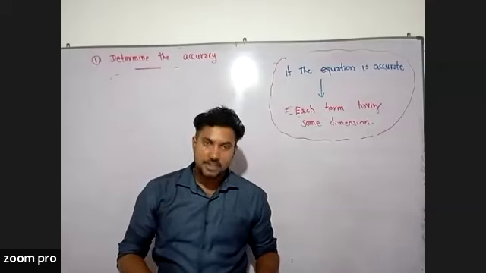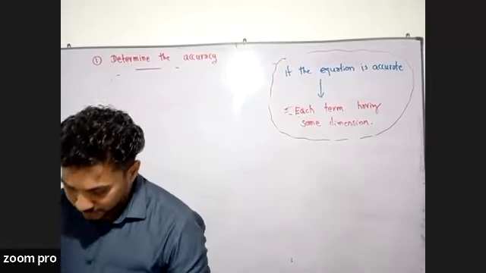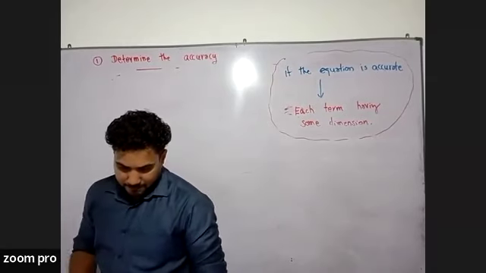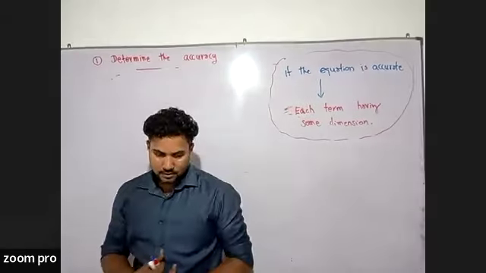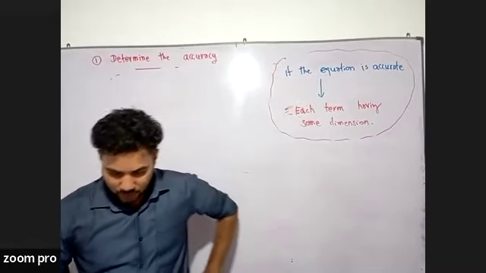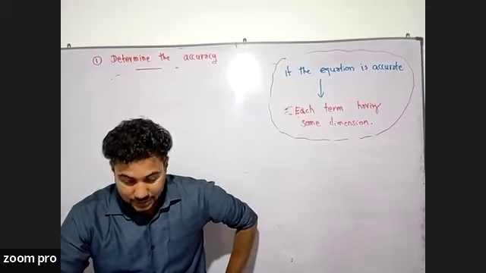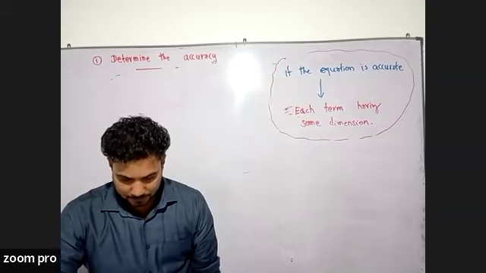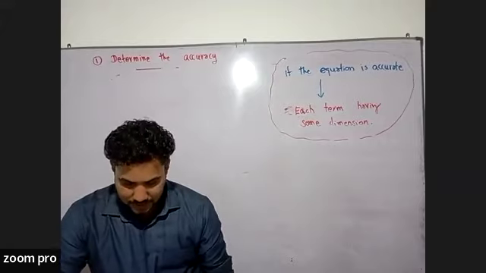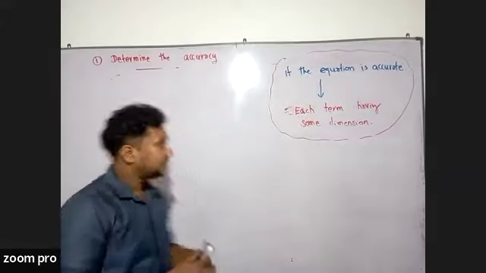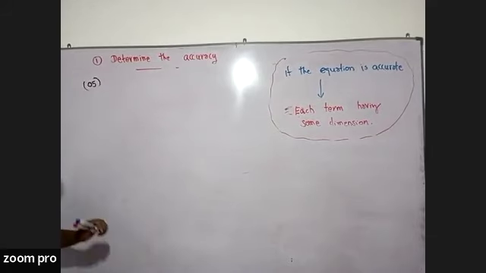Put the question number in your book and write down the question only: find the accuracy of the following equation in terms of dimensions. So this is the fifth question in your quiz.